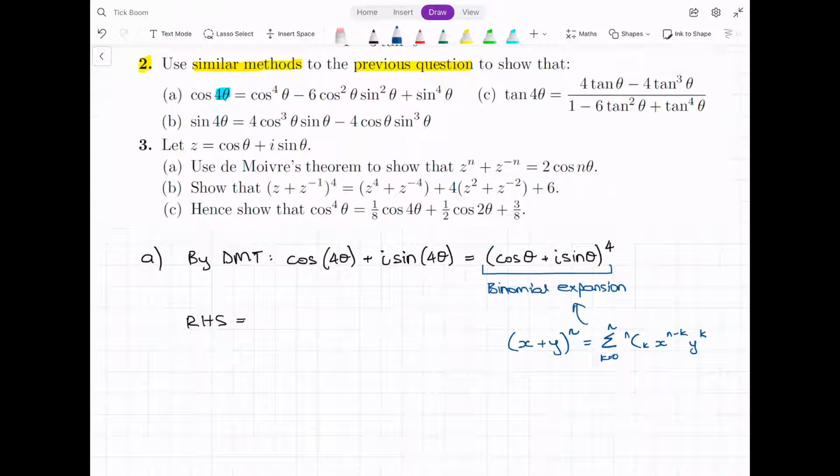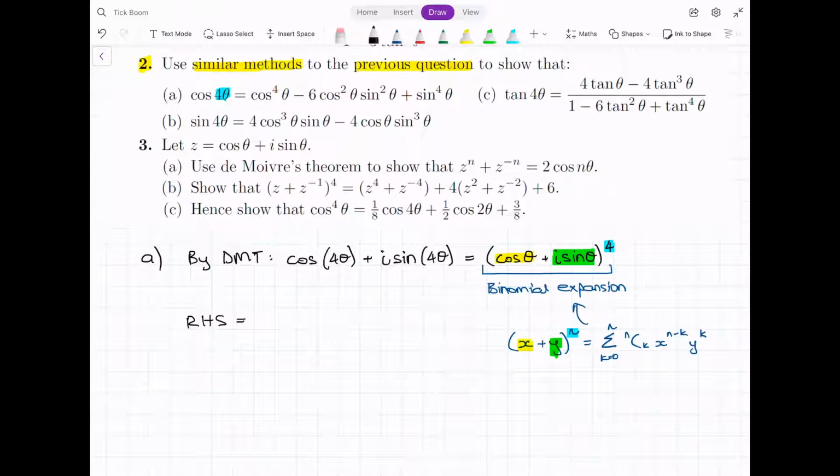And you may see that as x to the power of k, y to the power of n minus k. Either format's fine because of the symmetry of the expansion. But basically here, wherever we see x, we're going to put in cosine of theta, and wherever we see y, we're going to put i sine of theta, and then wherever we see n, we're going to put the number 4, and that will allow us to expand the right hand side.